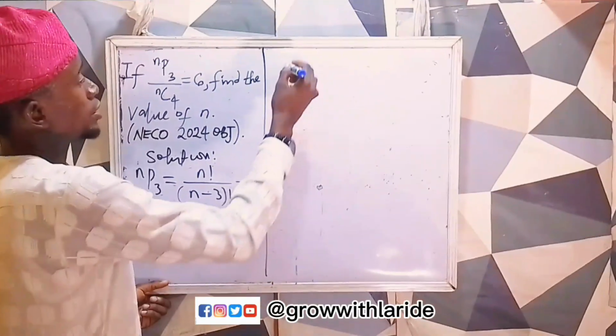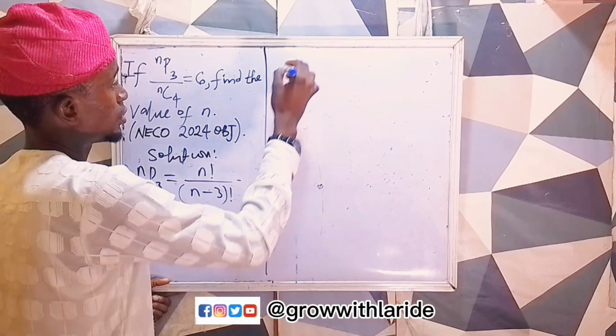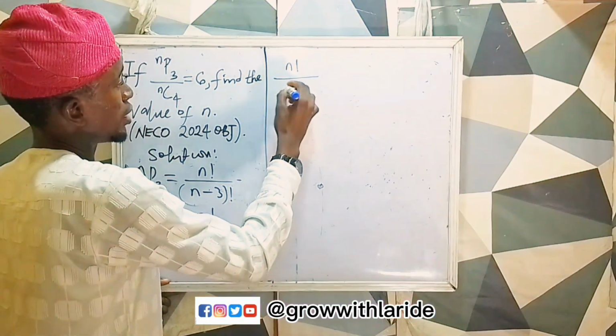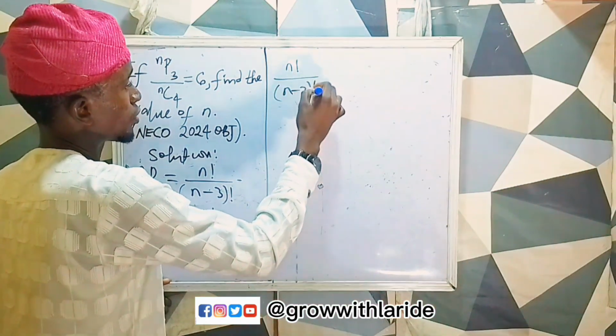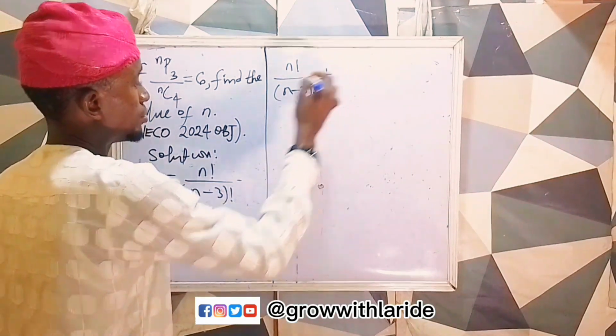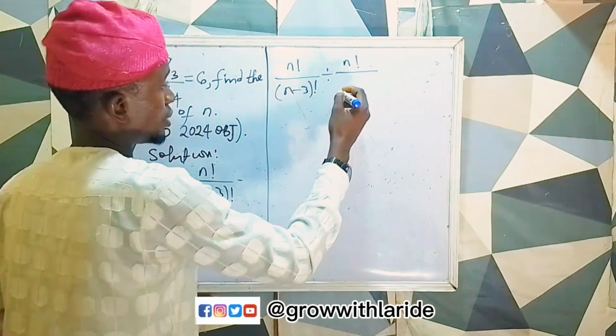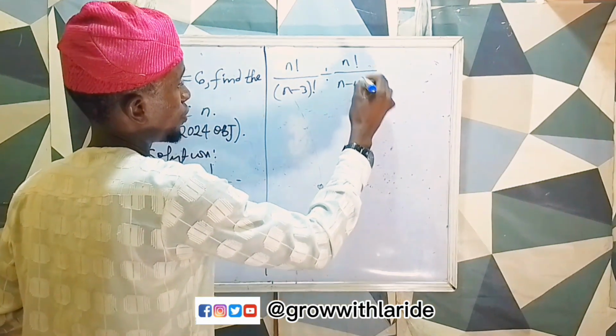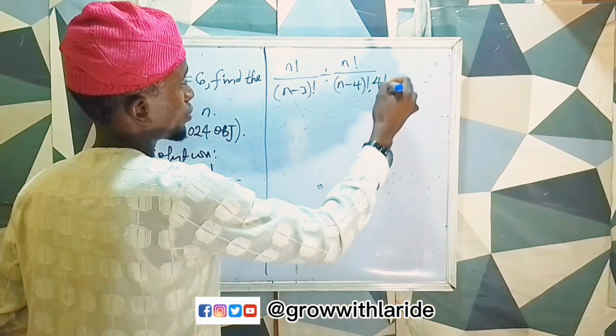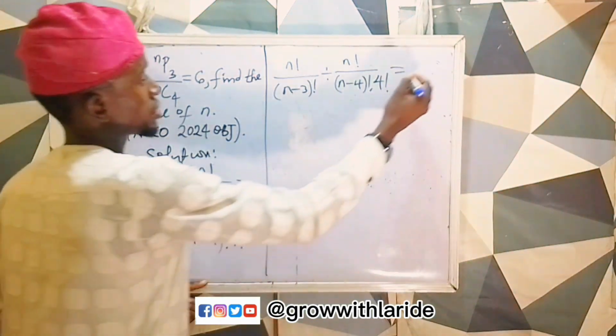So let's express this. We have n factorial over n minus 3 factorial, then divided by n factorial over n minus 4 factorial times 4 factorial, everything equals 6.